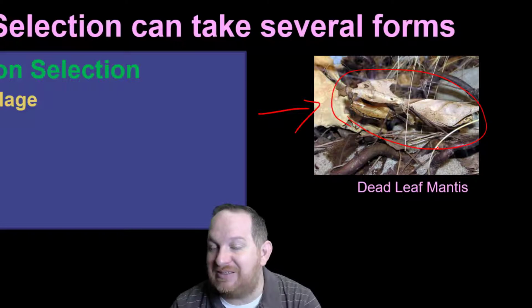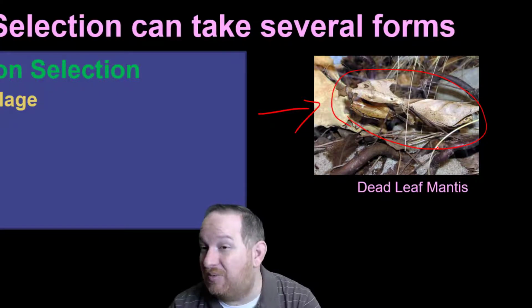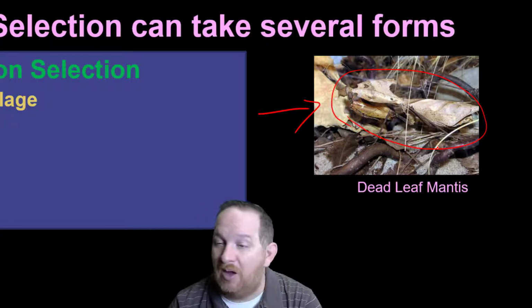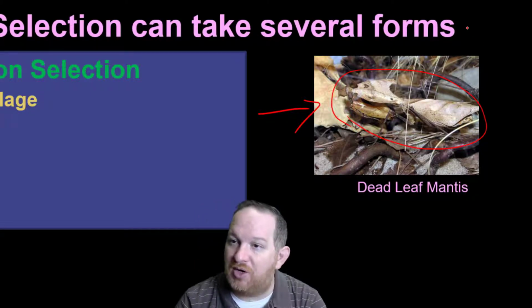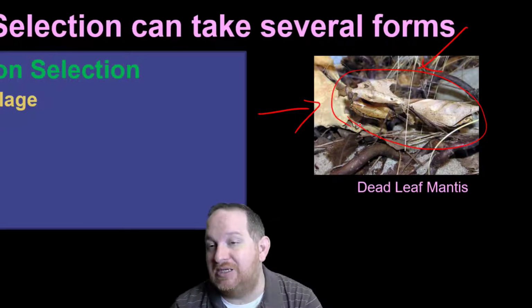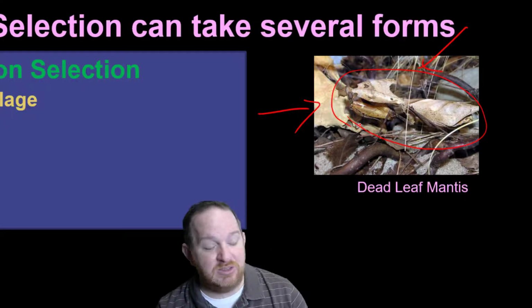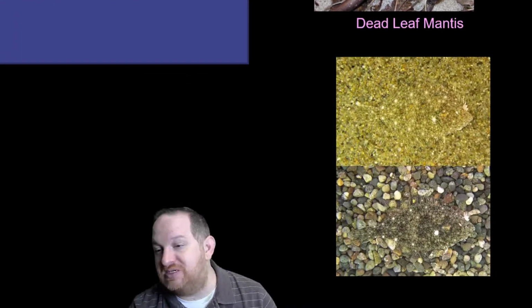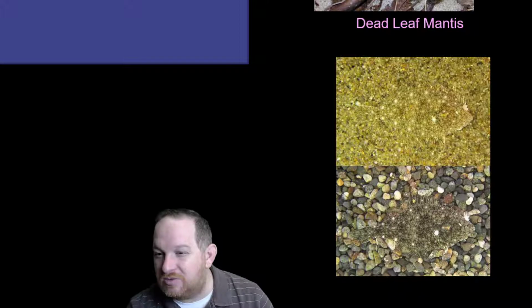That particular organism evolved camouflage so that it can escape predators. If you're a bird or some other predator looking through this and you think, just a bunch of leaves, I'm going to move on, that has helped that mantis survive, and those genes get passed on to the next generation. So here we see some more camouflage. Can you tell what those are? Yeah, those are actually fish.